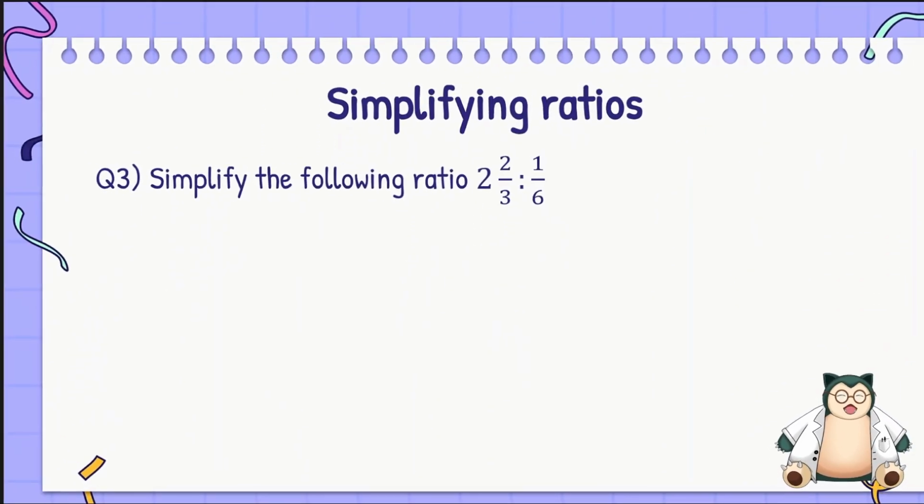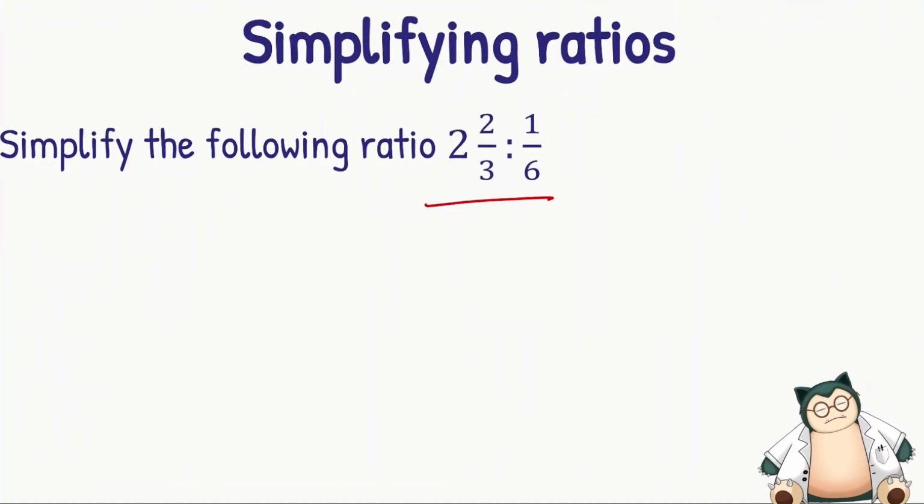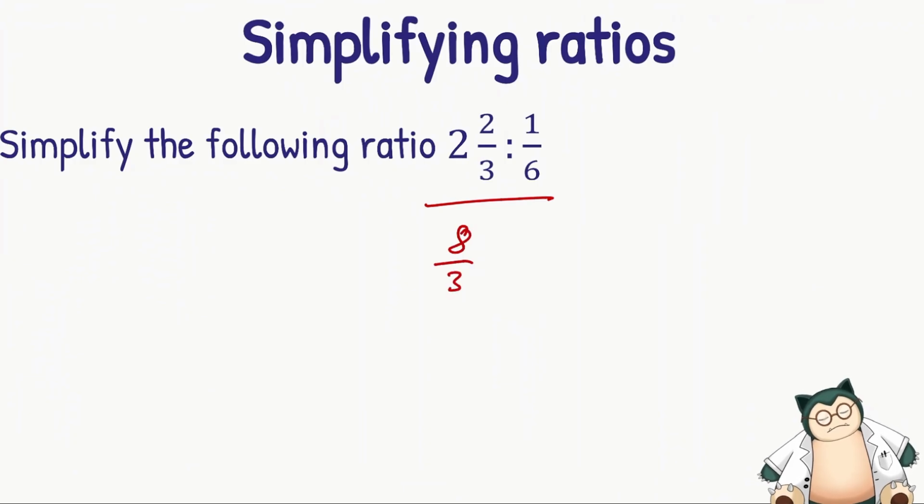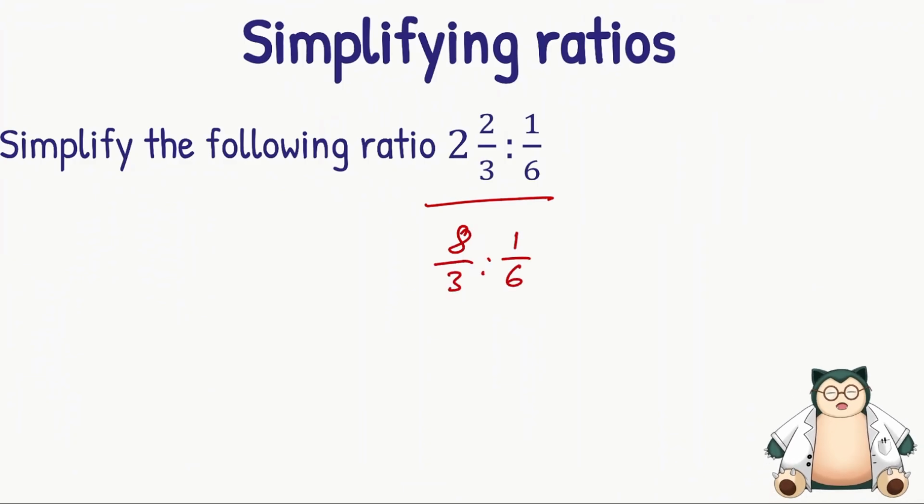Simplify the following ratio: 2 2/3 is to 1/6. Normally for this kind of fractional ratio, what I like to do is express it in improper fraction first. So I express it as an improper fraction: 2 times 3 is 6, plus 2, is 8. So 8/3 is to 1/6. The very first thing is, the simplest ratio must always be in whole numbers. If it's in fractions, it's not the simplest form.